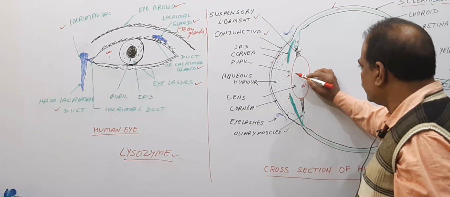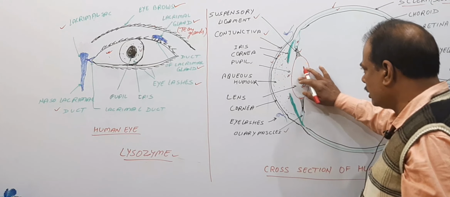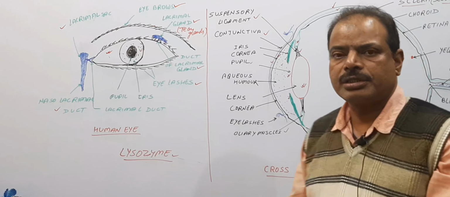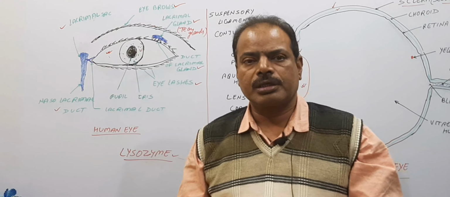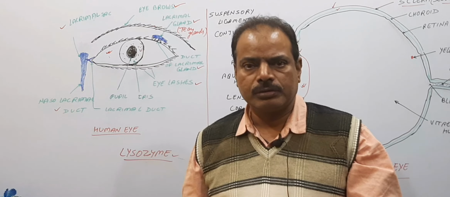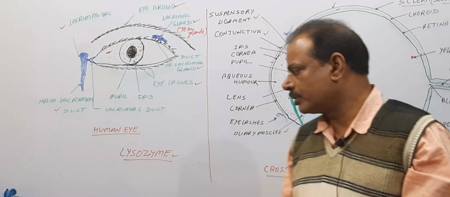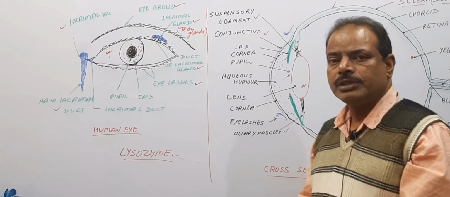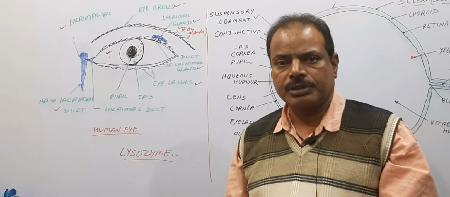Just after it, here the lens is the crystalline structure. It is crystalline because it is made up of lens fibers, and lens fibers are a type of cells in which nuclei are not present.